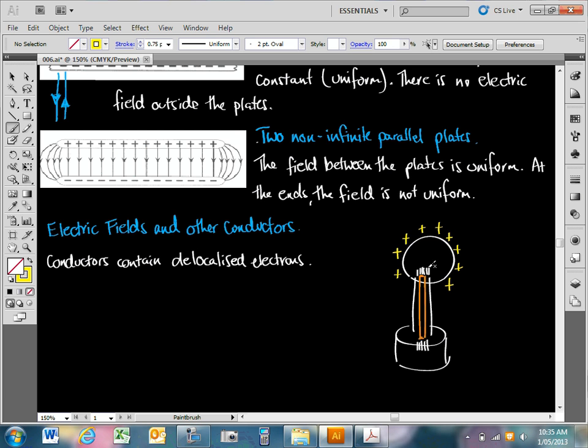What is it that makes a Van de Graaff generator have a net positive charge? What's going on? Removing electrons. We can't cause any nuclear reactions that would change the positive charges within the atoms that make up the aluminium sphere.